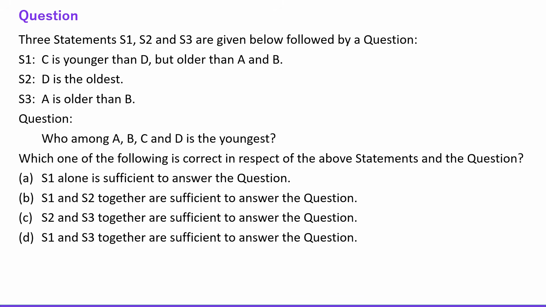Next question says three statements S1, S2, S3 are given followed by a question. Question is, who among A, B, C, D is the youngest?